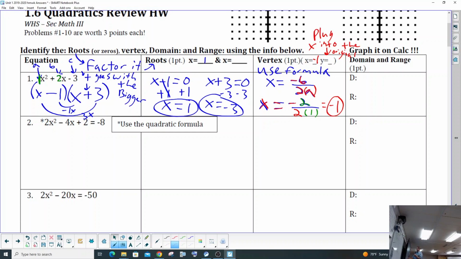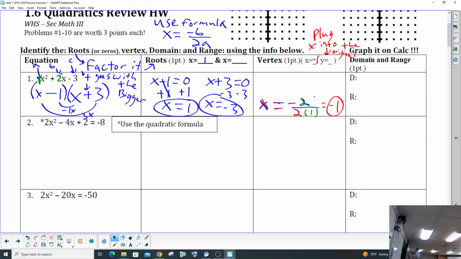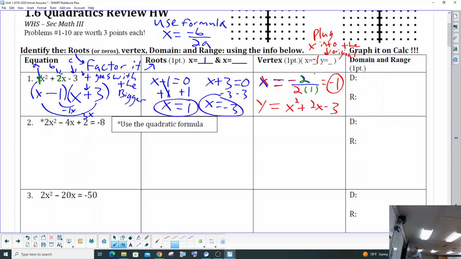You should write it on the top of your paper. Now y is equal to our original, x squared plus 2x minus 3, and wherever we see an x, we plug it in.